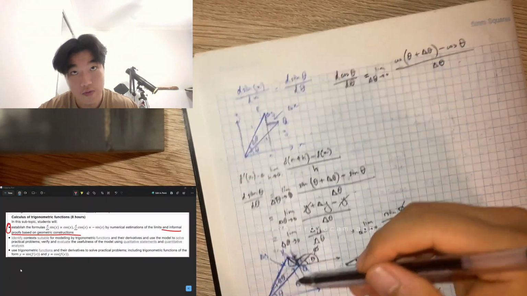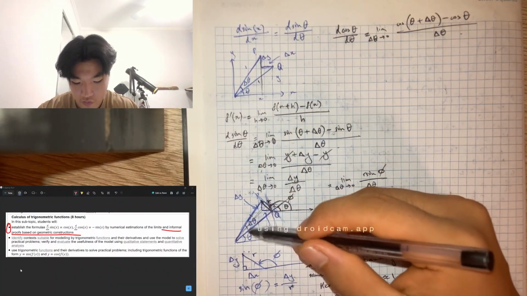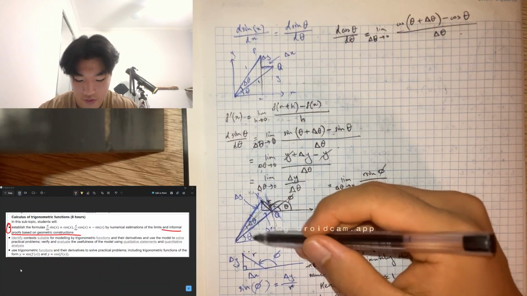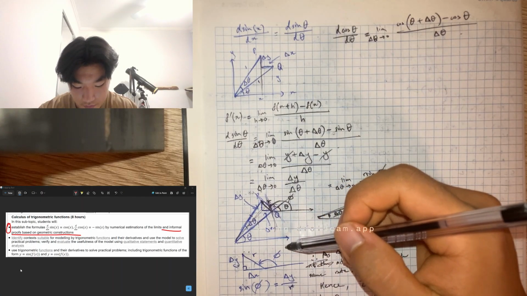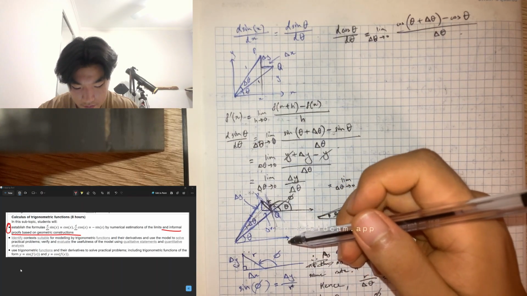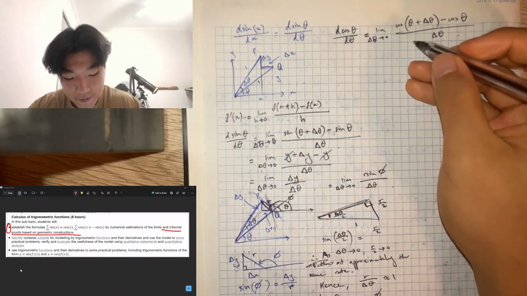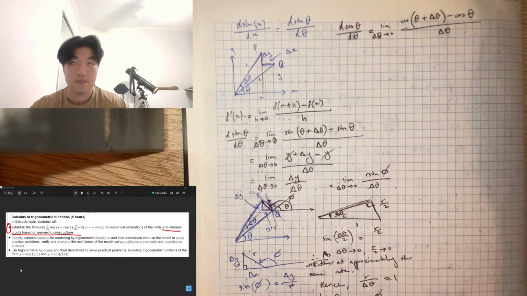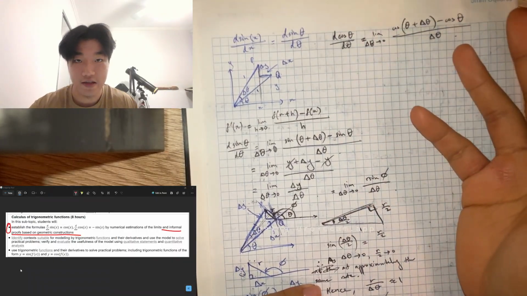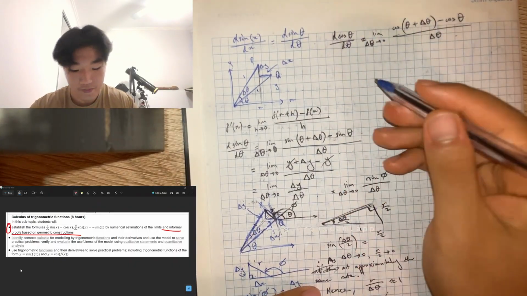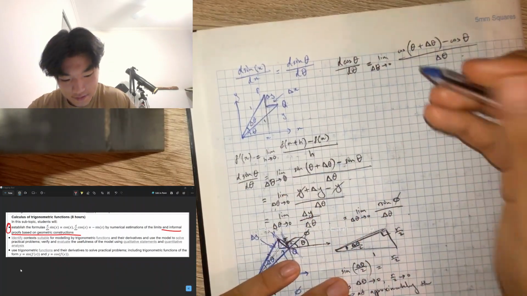So the overall difference is just that instead of sine theta, it's cosine, right? Okay. However, there's a slight difference, and you can kind of tell because we know that there's actually a negative if you derive cosine theta. And this actually demonstrates a negative.